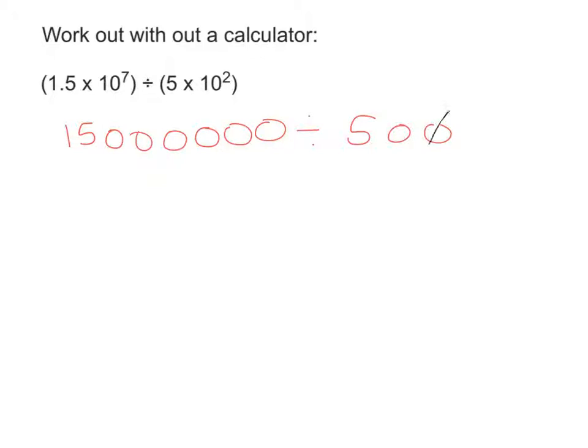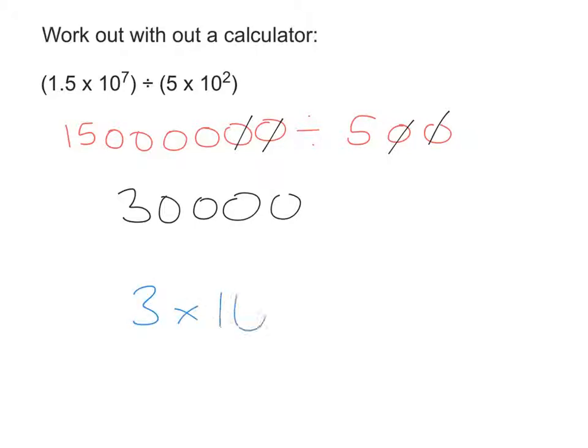First thing I would do is cancel out some zeros, the same amount on both numbers, so that's going to be 150,000 divided by 5, which is going to be 30,000. Then the final job will be to turn this back into standard form, which will be 3 times 10 to the power of 1, 2, 3, 4.